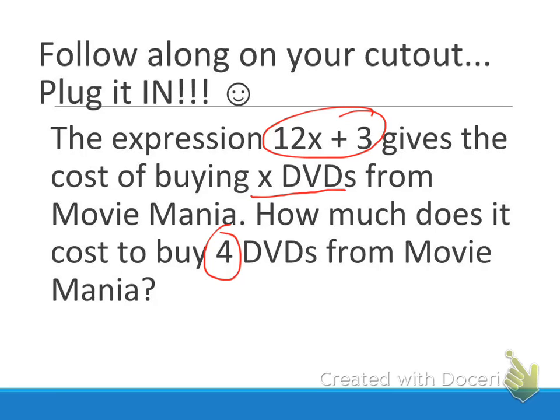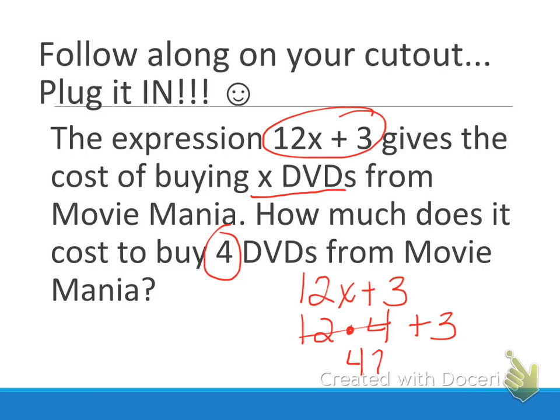So the equation is 12x plus 3. And X stands for the number of DVDs, and the number of DVDs is 4. So where X is, we're going to put 4. So 12 times 4 plus 3. And then it looks just like the problems from yesterday. So 12 times 4 is 48 plus 3. 48 plus 3 is 51. So it costs $51 to buy 4 DVDs from Movie Mania.